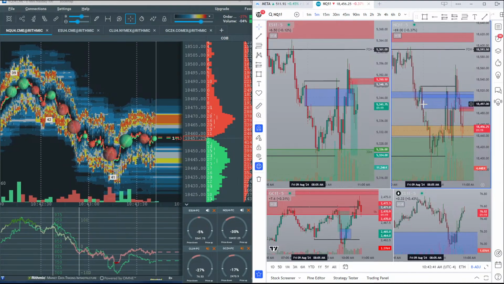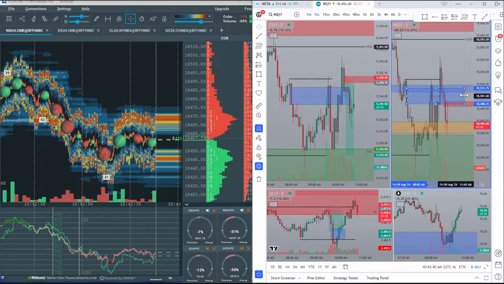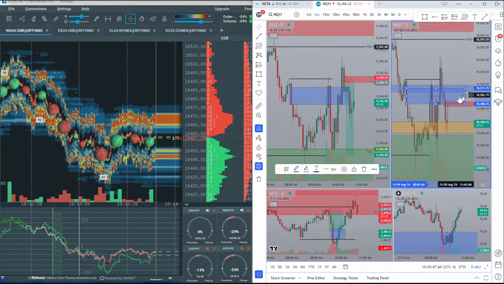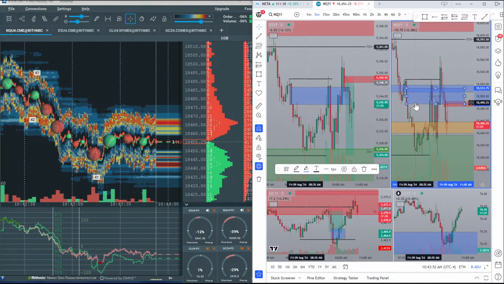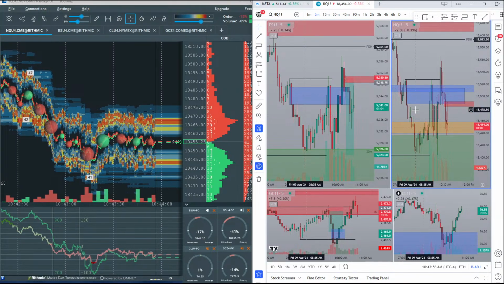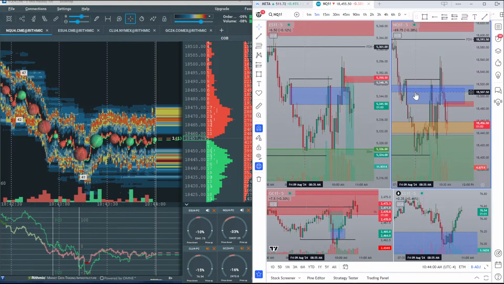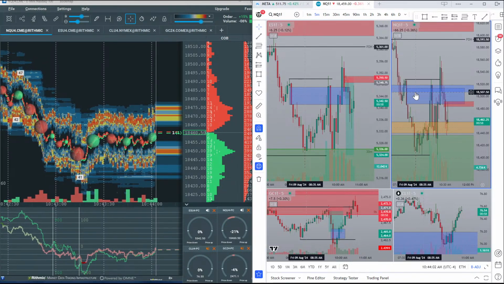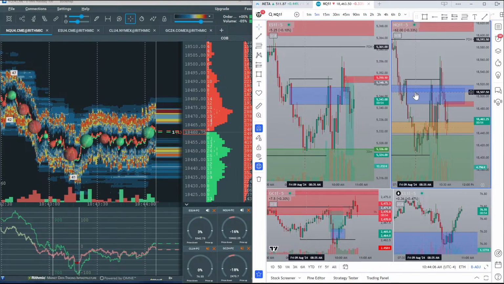And at that point, in my opinion, sure, this is an area of interest, I suppose, because of how price reacted to it. But is it an inverse fair value gap? No, that's just silly. Well, okay, so let's just call it a volume node. There we go. Because that's really what it is, a lot of price action at that price. Absolutely. I 100% agree.